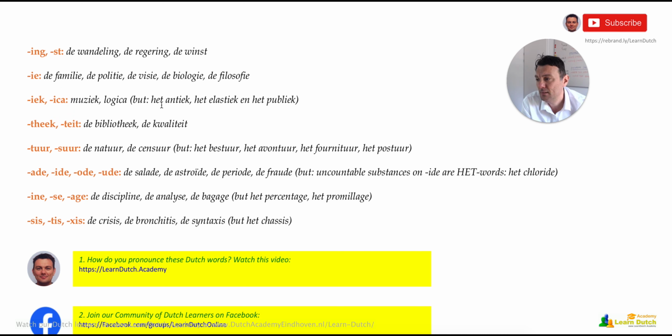Het antiek, het elastiek en het publiek. Endings theek en teit. De bibliotheek, de kwaliteit. Tuur, zuur. Endings. De natuur, de censuur, but het bestuur, het avontuur, het fournituur en het postuur.